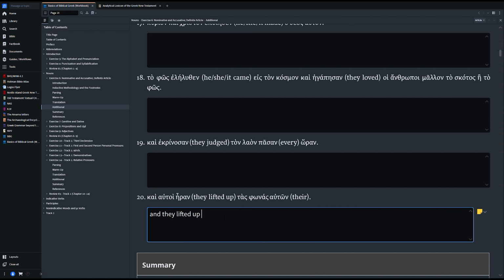It's accusative, and because it's accusative, it is the direct object. So the direct object goes after the verb. It is the thing being directly affected. So it is the thing being lifted up. So they lifted up voices, plural, because tas is plural feminine. It's accusative plural feminine. All right.